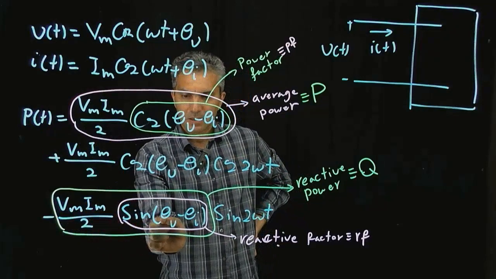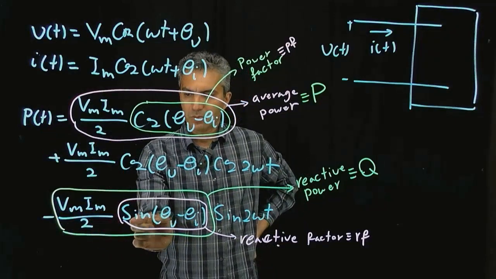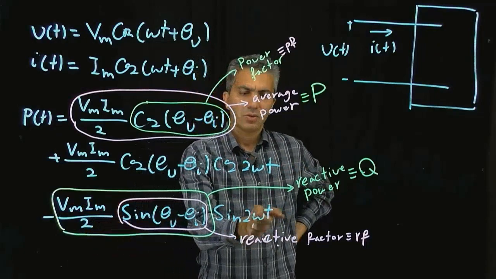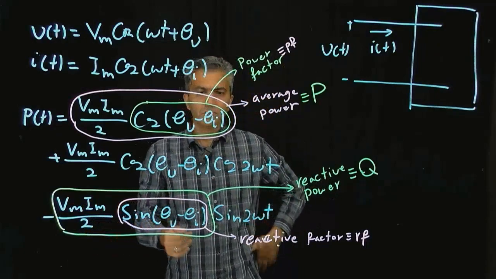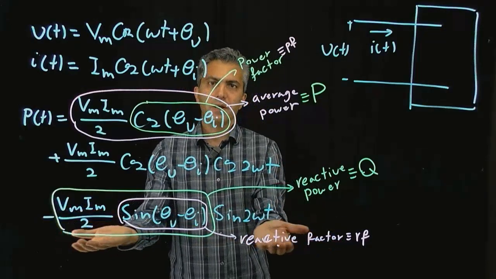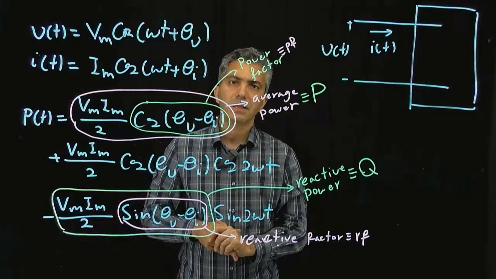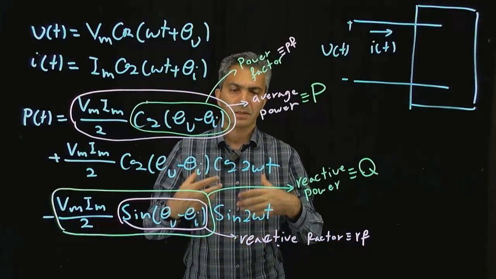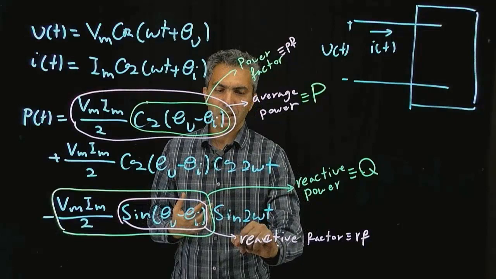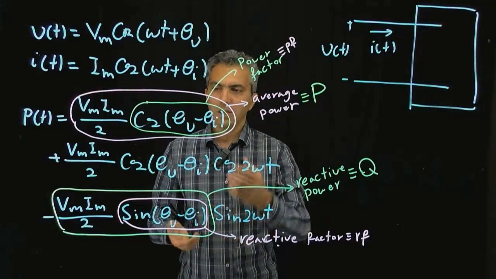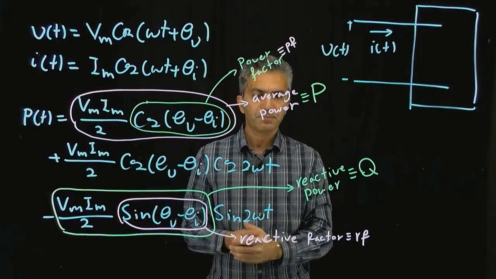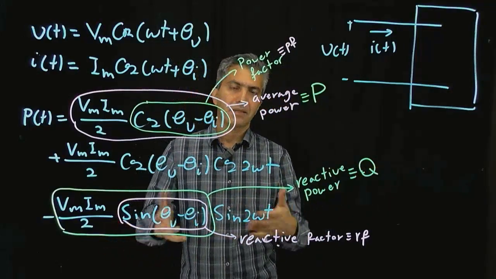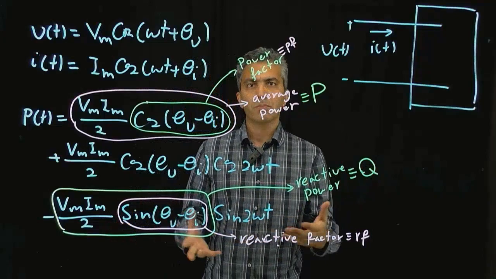And in that case, sine of 90 degrees is 1, and you're going to get Vm Im divided by 2 sine 2 omega t. And we know that this portion of the power is the portion that is not being consumed. In other words, it is being conserved by the inductor in the form of a magnetic field, and it would come back to the electrical domain completely, assuming the inductor is an ideal component.